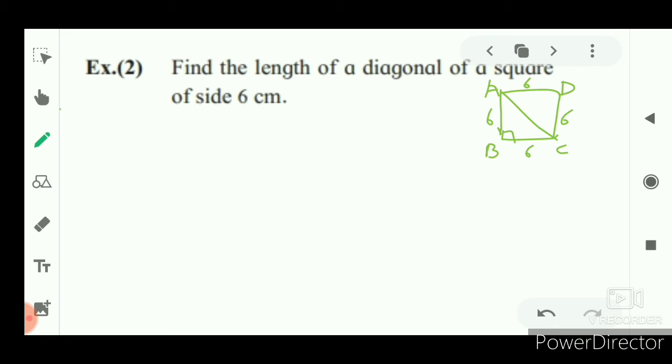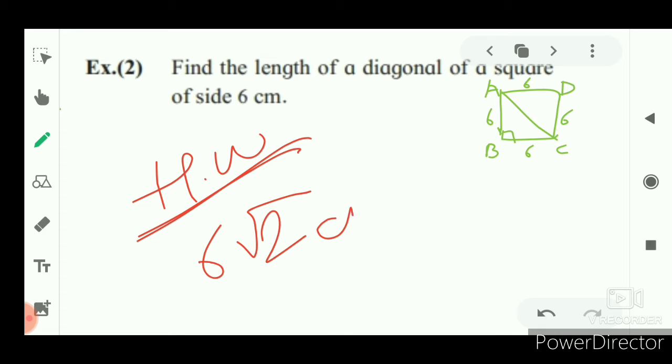By applying the Pythagoras theorem in triangle ABC, we can find the value of the diagonal AC. Try it on your own. It is similar to the last part of the previous question, so solve it by the Pythagoras theorem. It is homework for you, and the answer is approximately 6√2 centimeter.